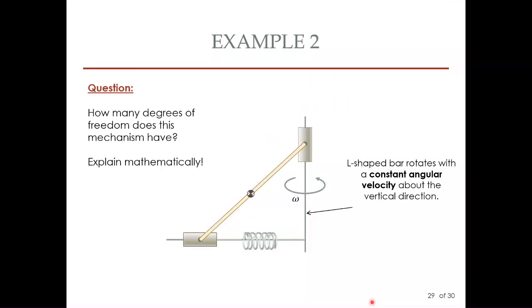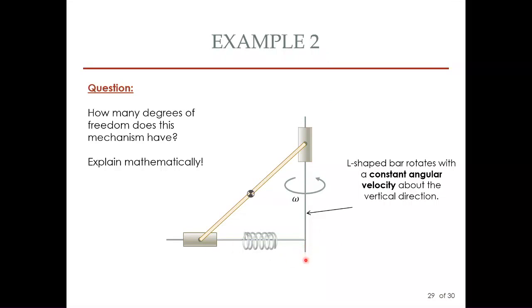Okay, now this is the last example I want to explain for this set of slides. So what do you see here? There is this L-shaped bar or link, yeah?